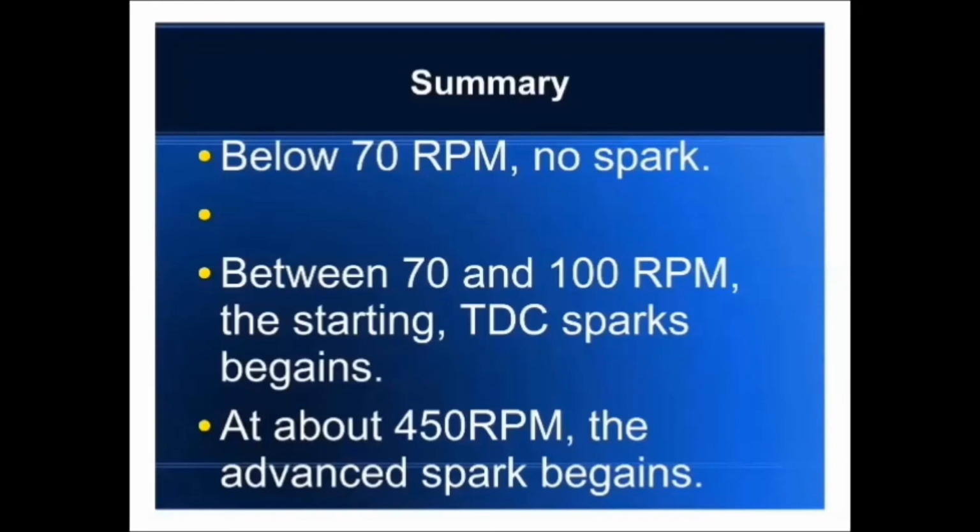It'll run on that briefly, and when the engine picks up some more speed, the RPM will increase the trigger voltage, and we can get the advanced spark. I have a strong favoritism for this type of ignition because it gives us the ability to build an ignition to the timing characteristics that we really want.